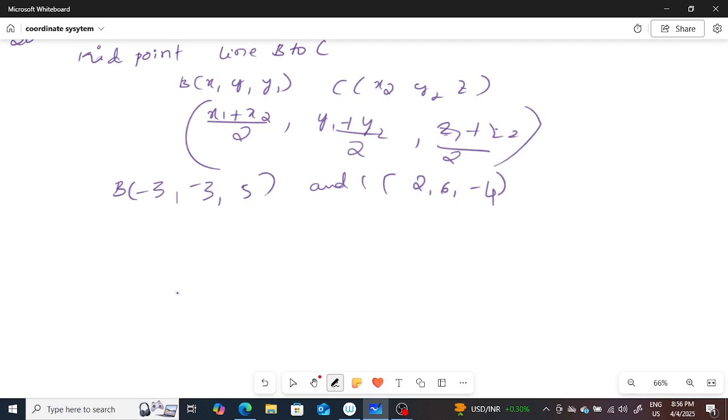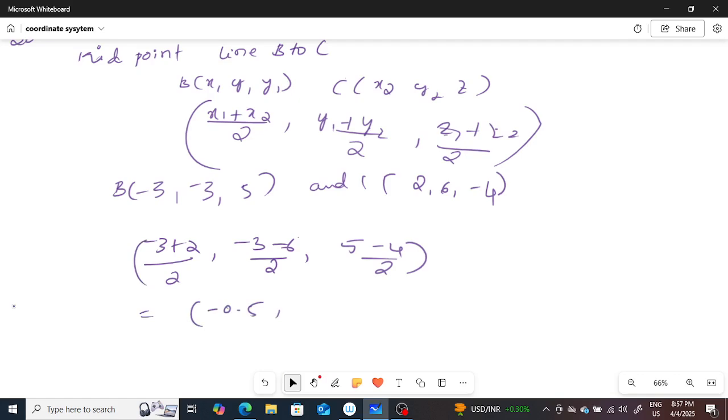So how will you find the midpoint now? Using the given formula: -3 plus 2 divided by 2, that is -1 by 2, comma, -3 plus 6 divided by 2, comma, 5 minus 4 divided by 2, which is -0.5, right?